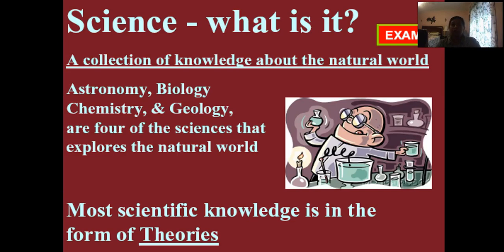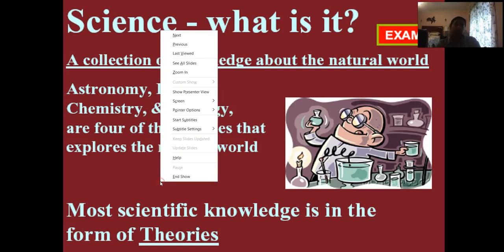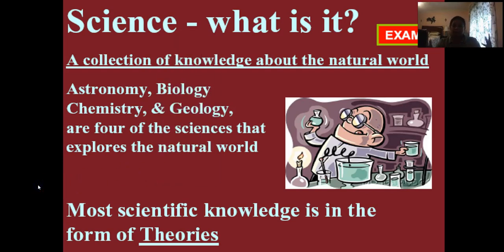It encompasses the fields of astronomy, biology, chemistry, and geology. Those are four major sciences that are part of the natural world, and then there are subsets associated with them. Most scientific knowledge at the end of the day is passed on in the form of theories, but it is also sometimes given as predictions and hypotheses that are being tested at the time that we are exploring them.